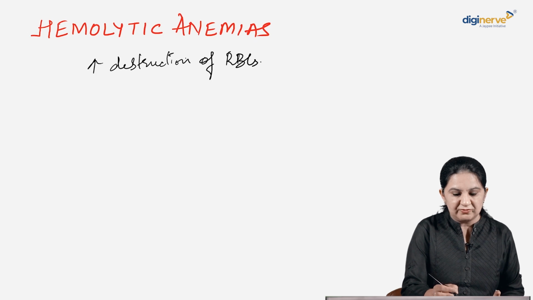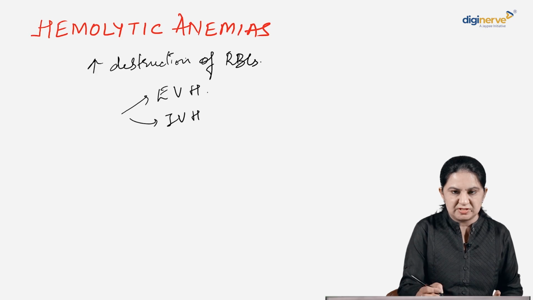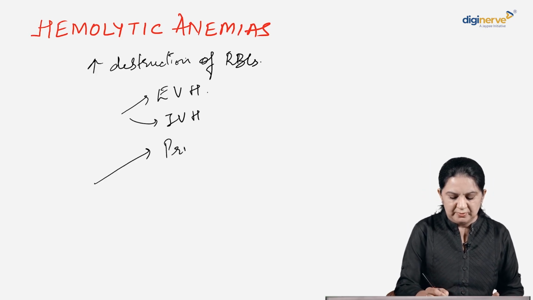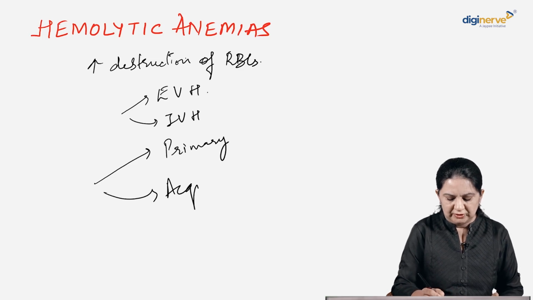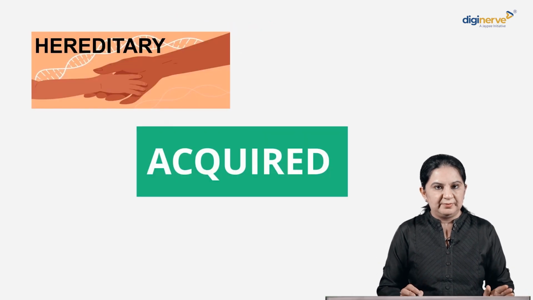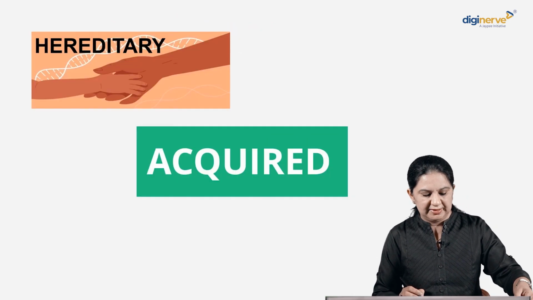Based on the site of RBC destruction, it could be extravascular hemolysis or intravascular hemolysis. But primarily we classify them as primary or hereditary hemolytic anemias, and acquired hemolytic anemias.